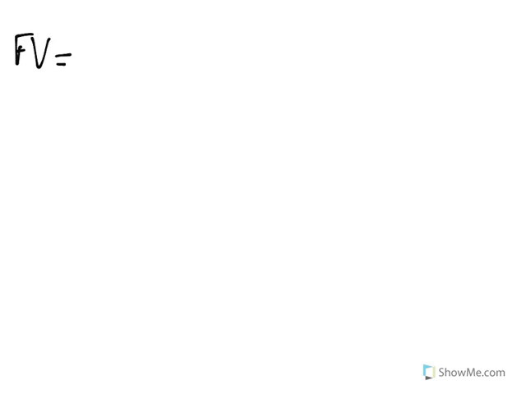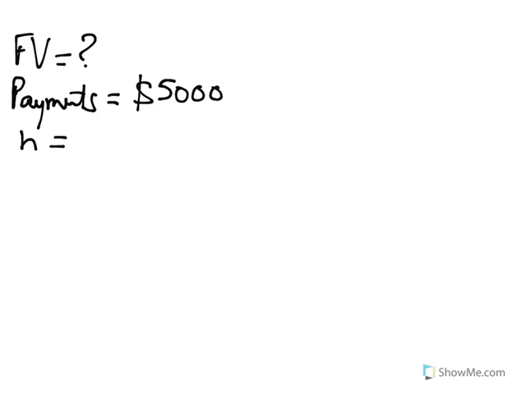So our question is, what is the future value when we have payments of $5,000 each year for 5 years, and the investment can make us 7% interest each year?